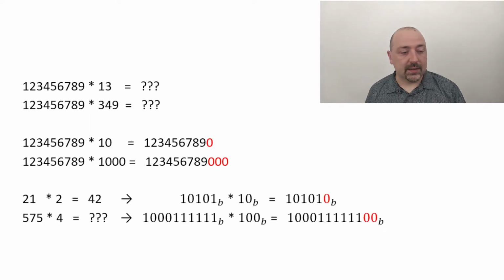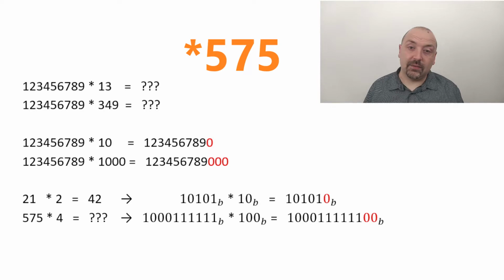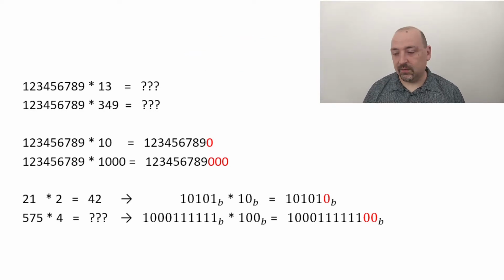So let's take an example. I ask you to multiply 21 by 2. It's 42. But if I ask you to multiply 574 by 4, it can already be a bit challenging for a human. But when you go to base 2, here I reported the numbers, 21 is 10101.